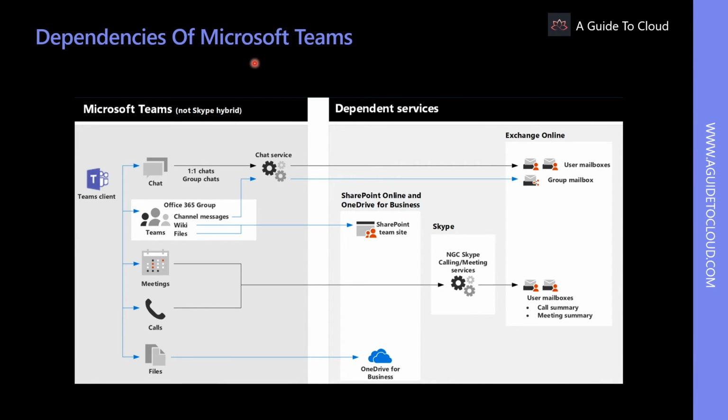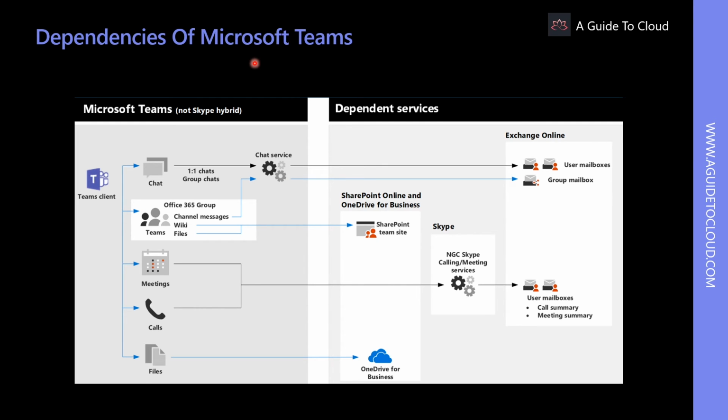Let's look at the dependencies of Microsoft Teams. Teams utilizes the services of Microsoft Office 365 to provide collaboration and communication capabilities that were already well known before Teams existed. When you create a team on the backend, you are creating a Microsoft 365 group and the associated SharePoint document library and OneNote notebook as well.